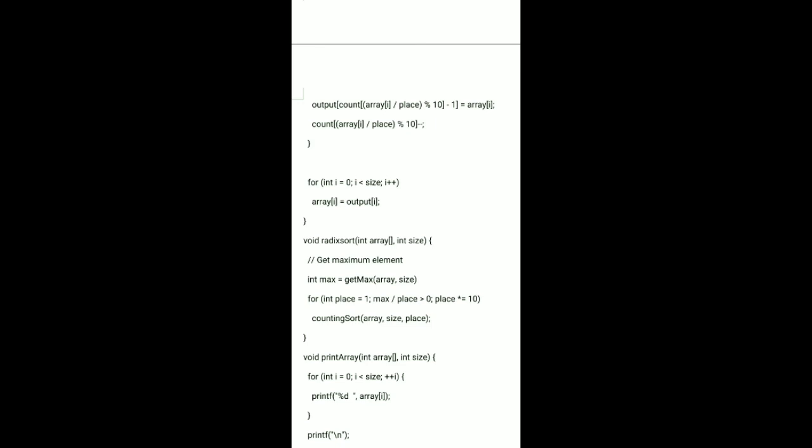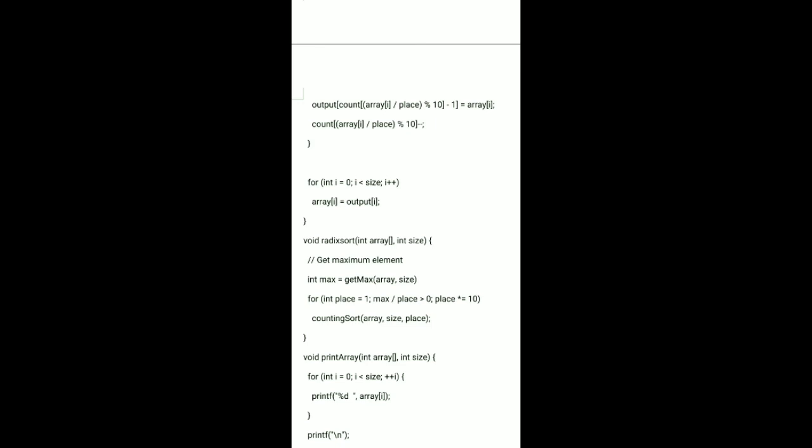So for the right place, its position first is equal to 1, and maximum divided by its position has to be greater than 0, and position has to be multiplied by 10, not divided by 10. When we multiply its number by 10, we'll move on to the tens place and hundreds place, and all those values will be passed to that function.